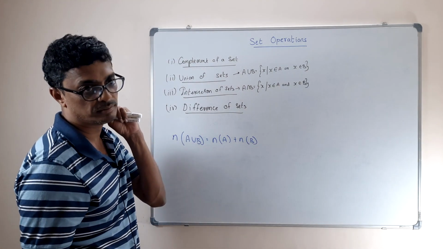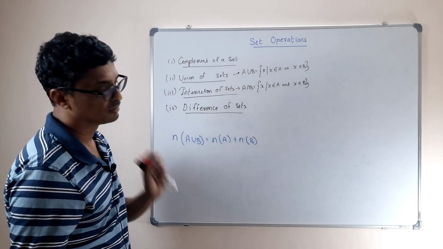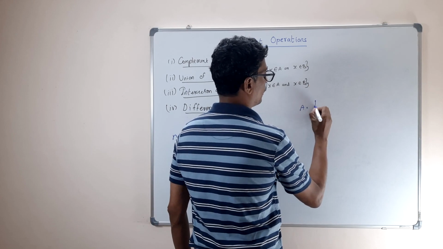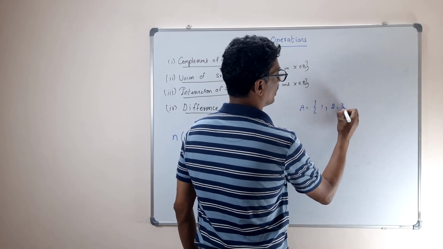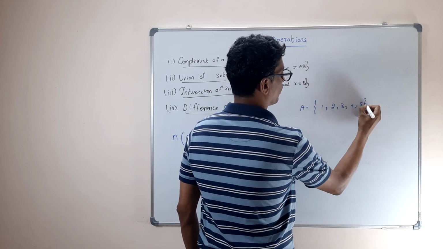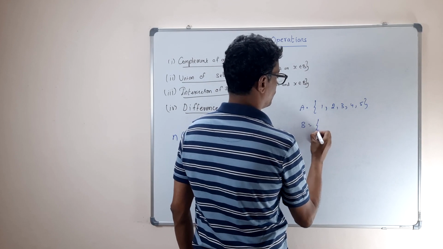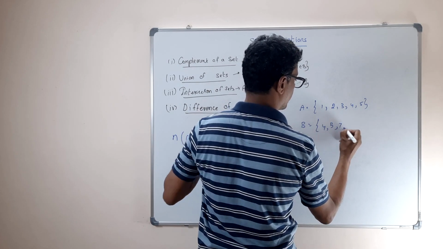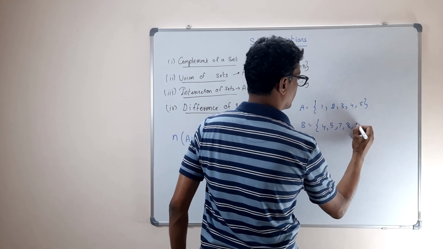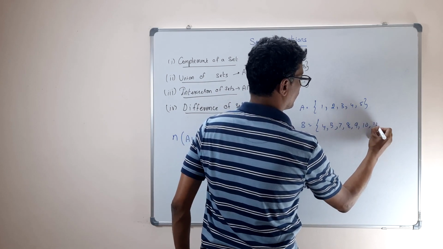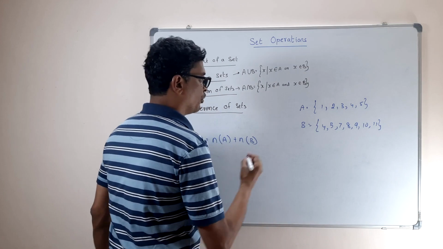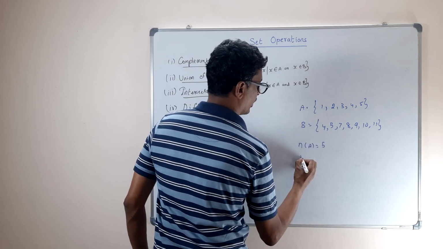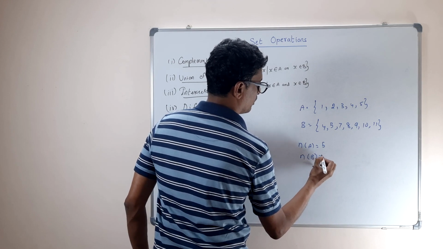Sure? Okay, so let us take an example. A is equal to 1, 2, 3, 4, 5. B is equal to 4, 5, 6, 7, 8, 9, 10, 11. Can you tell me what is N of A? 5. N of B? 7.